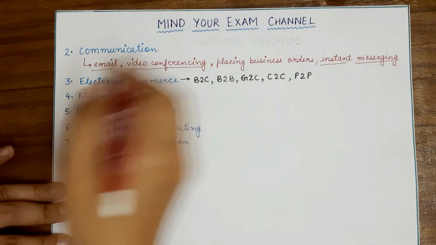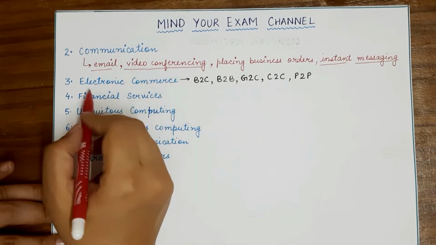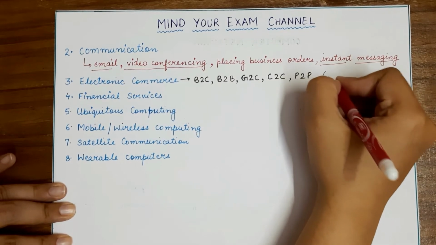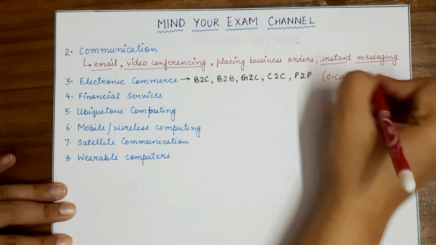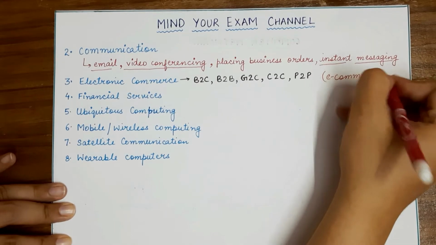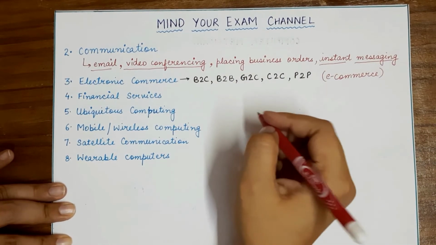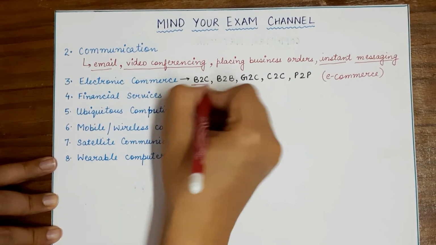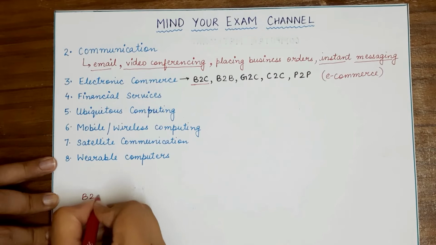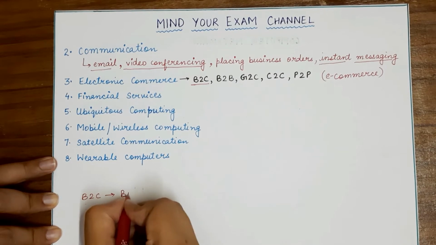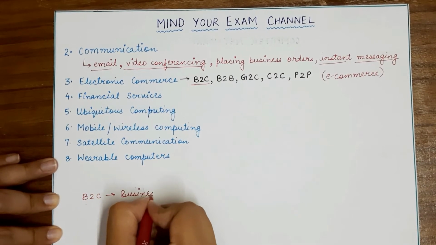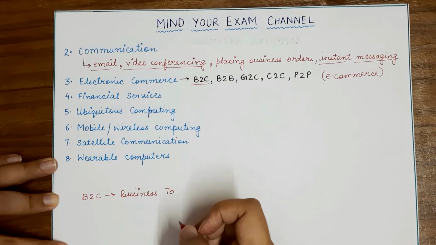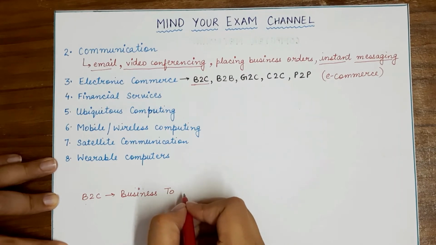Then the third use of computer network comes in the form of electronic commerce, which we also know as e-commerce. Now e-commerce can take multiple forms, starting with B2C. B2C means business to consumer. The most common example of business to consumer is Amazon, or any e-commerce site like Flipkart or Myntra or Nykaa.